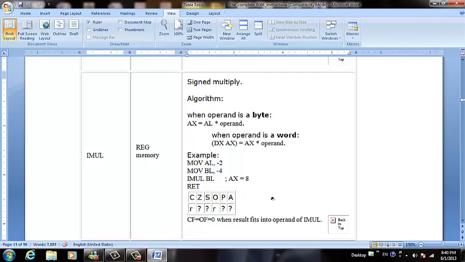In here also, we multiply the contents of the low byte of the accumulator with, say, BL, which is loaded with -4, and the result of the multiplication will be signed. So here -2 multiplied by -4, AX will be loaded with 8.